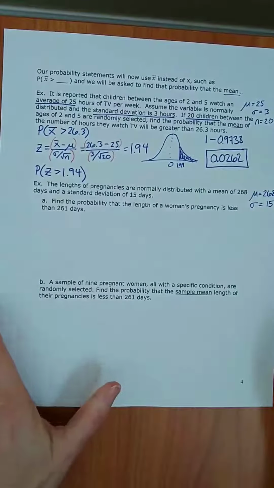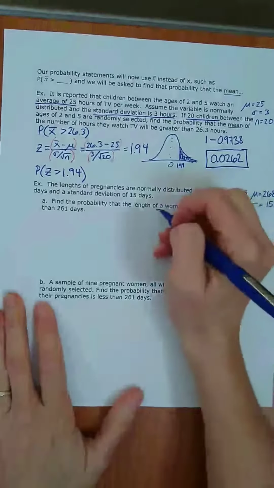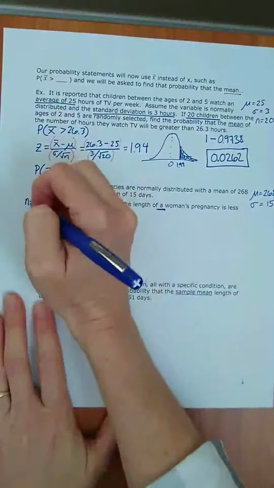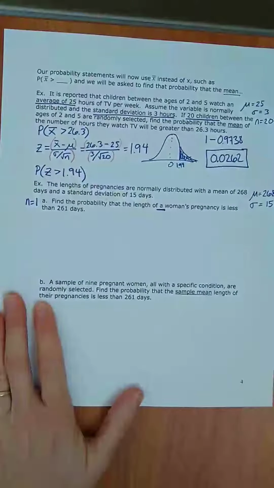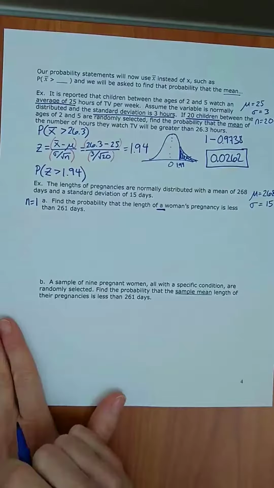So your big key as to whether you're in chapter 7 or chapter 8 is what's your N? This is a woman. So this is like a little sample of one person. When we get down here to part B, a sample of 9 pregnant women, all with a specific condition, are randomly selected. Find the probability that the sample mean length of their pregnancies is less than 261 days.